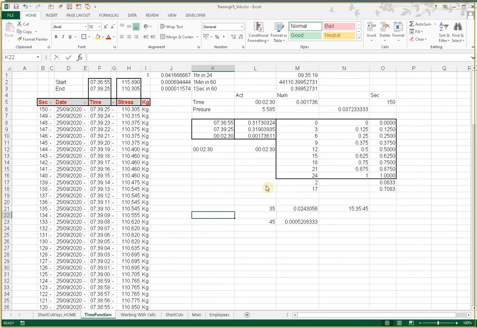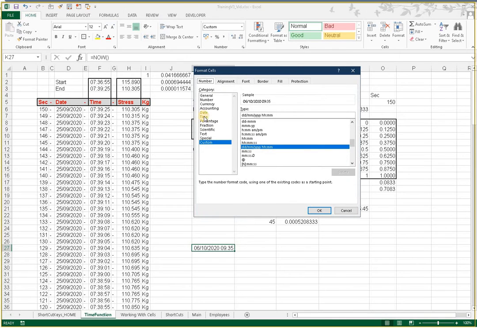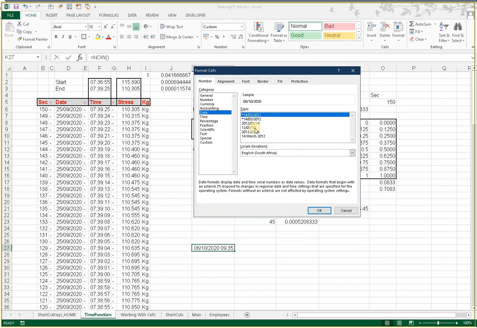So let's go down here somewhere and go =NOW. We see that I press enter there. We see that the function NOW gives us the date and the time. We can format that into only the date, and in any format we like, or only the time.